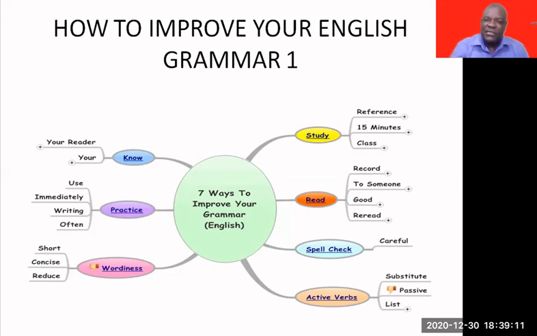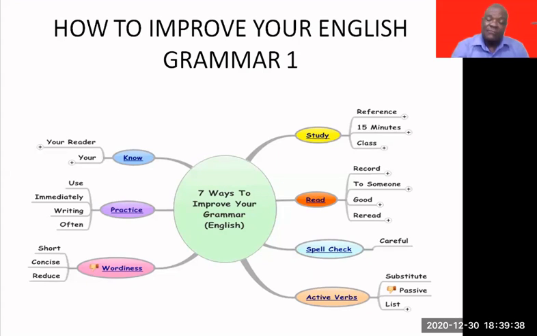One of the ways is through study, reference, joining a class if you like. Reading is another aspect, then checking your spellings, being careful to always look up the spelling of words, because spelling is also an aspect of English grammar.